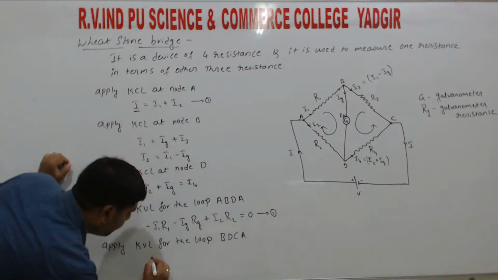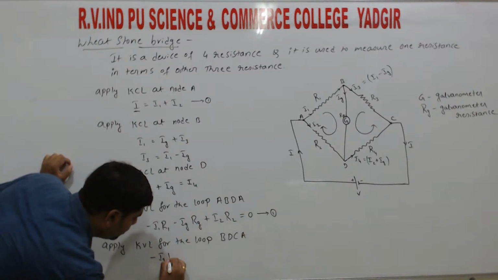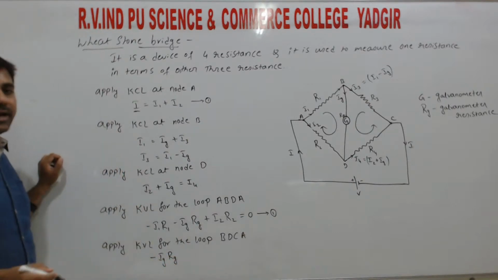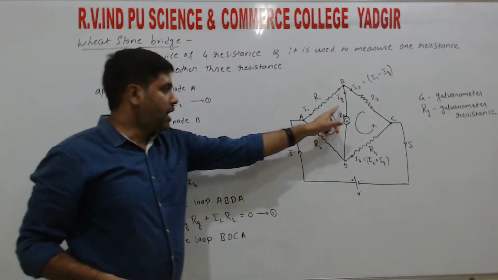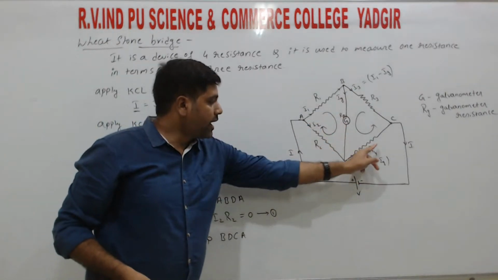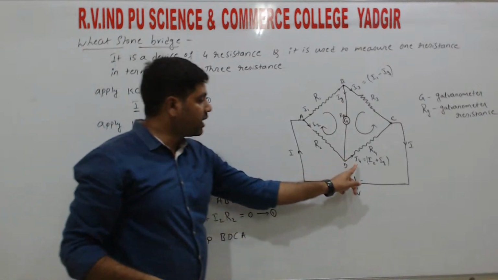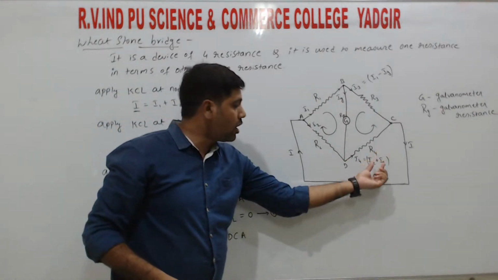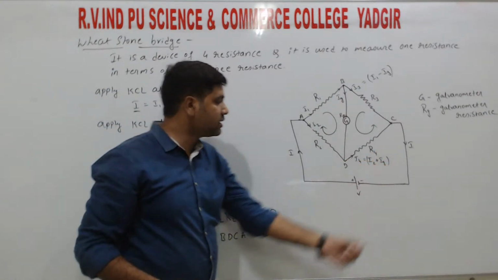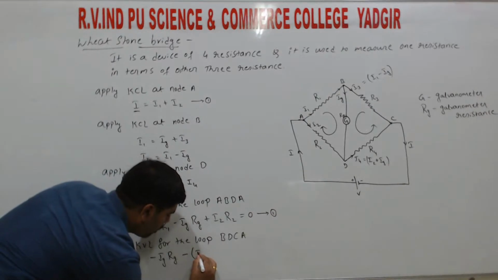Hence we get minus Ig Rg, that is the IR product, Ig into Rg. Again here in the same direction, minus, either we can take I4 into R4 or directly I2 plus Ig into R4.